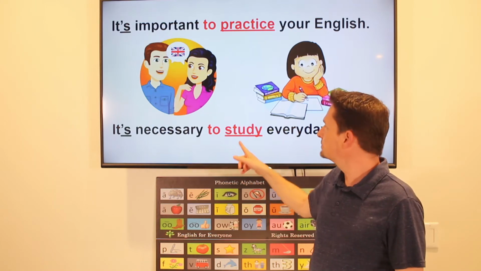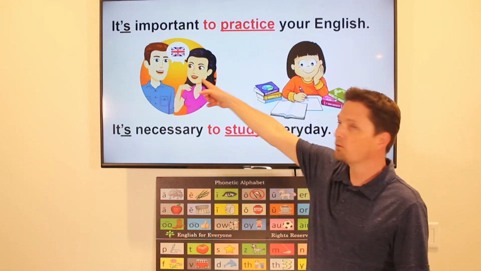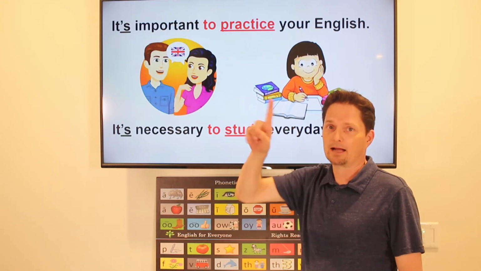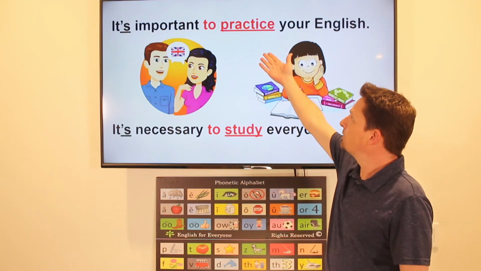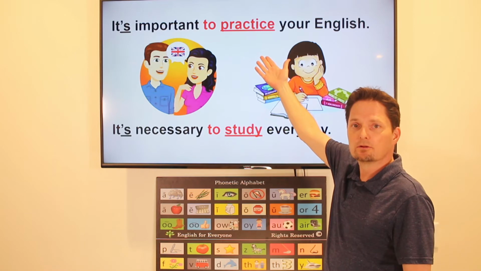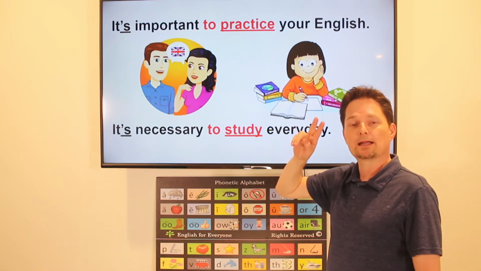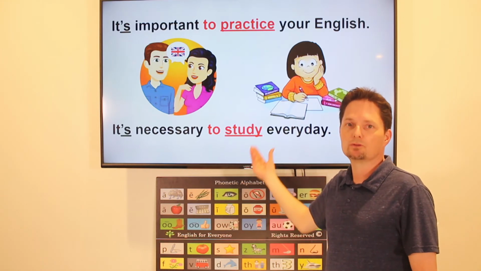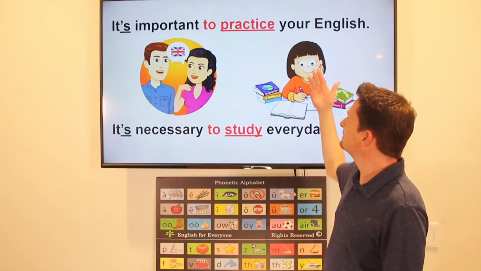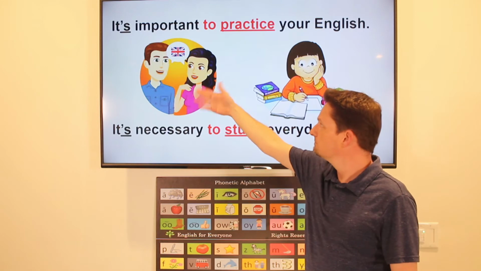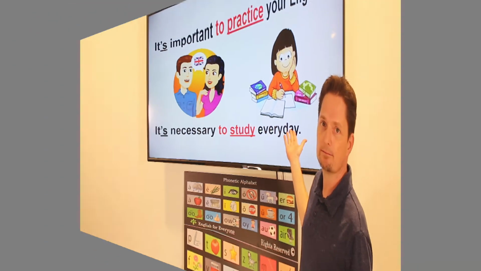It's necessary to study. It's important. Action 1. It's important to practice your English. Remember connector to for your second action. Always when we use it's, the second action needs to. Examples: it's important to practice your English, and it's necessary to study.